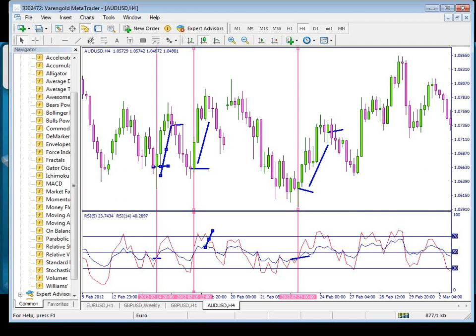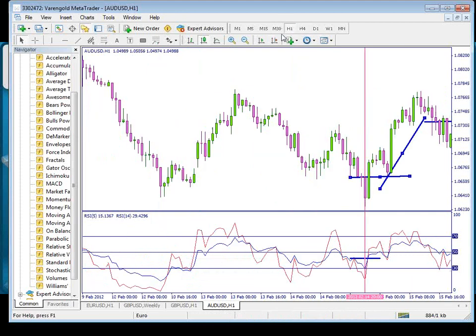Do you wait until candle is closed? Actually, because I'm using different time frames, I have those signals earlier. In a smaller time frame, you can have those signals for buys earlier. Just I will show you on this chart.